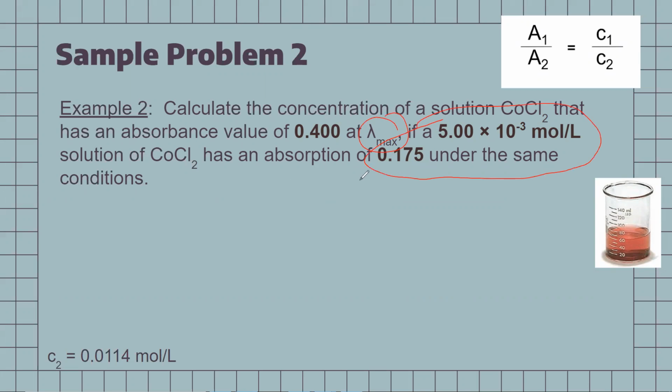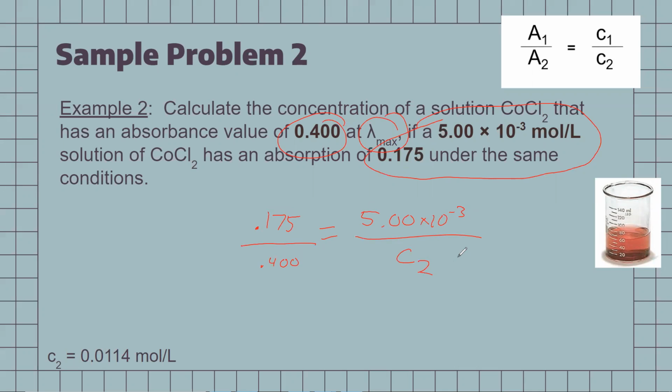This is absorbance 1 and concentration 1. So absorbance 1, 0.175, is equal to concentration 1, 5.00 times 10 to the negative third. Absorbance 2 is also given to you, 0.400, and we're solving for C2.